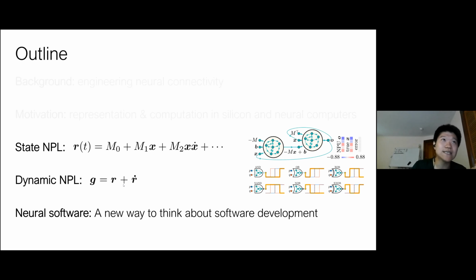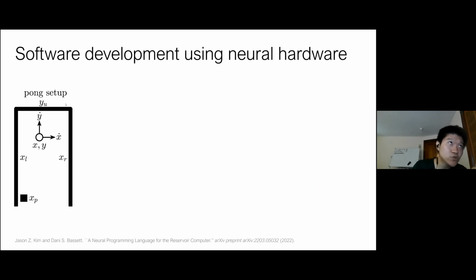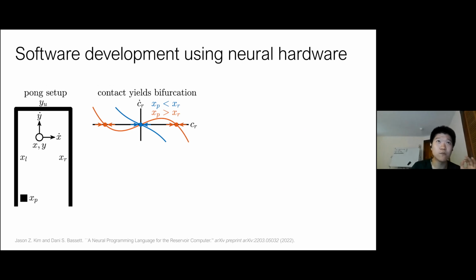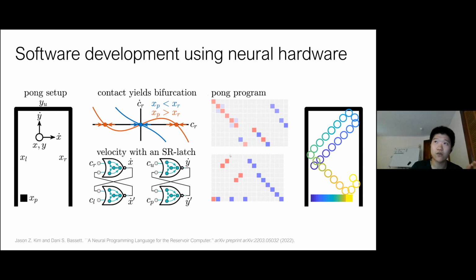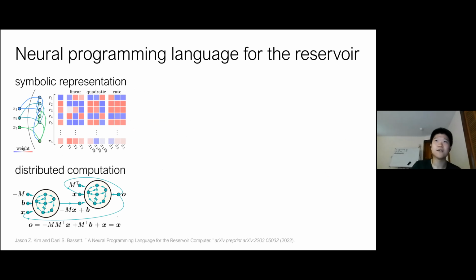And what this means is that as long as you can write any algorithm, anything that you want to solve or evolve, as a dynamical system, if you can write something as X dot equals F of X, then you can program it into a neural network through this programming language, and that neural network will simulate that algorithm for you.